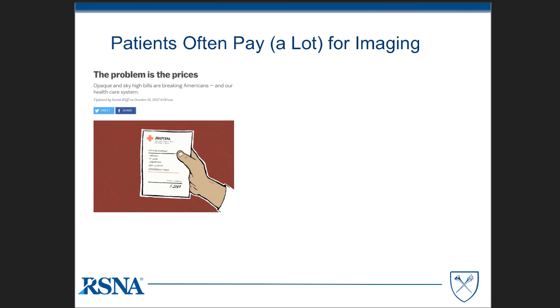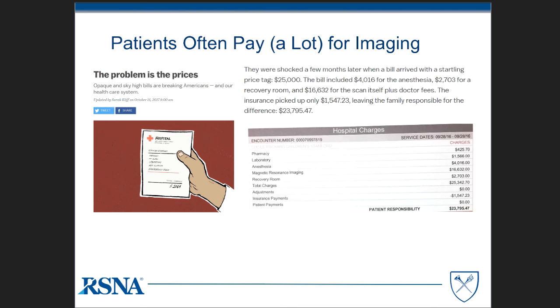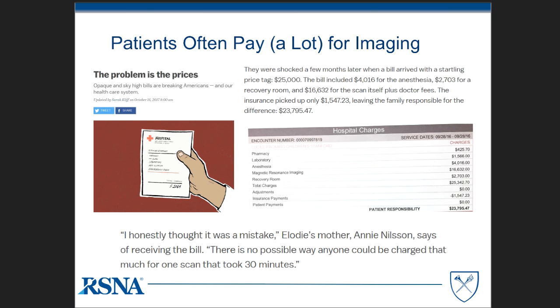Because insurers typically have higher patient copays and coinsurance amounts, as you saw in that last case for imaging, it's no surprise then that imaging has received a lot of attention in this regard. The news outlet Vox.com is collecting information from patients on prices for all sorts of healthcare services. You can see here the bill sent in by a patient that led to this story about a pediatric MRI examination performed at a prestigious medical center in California.